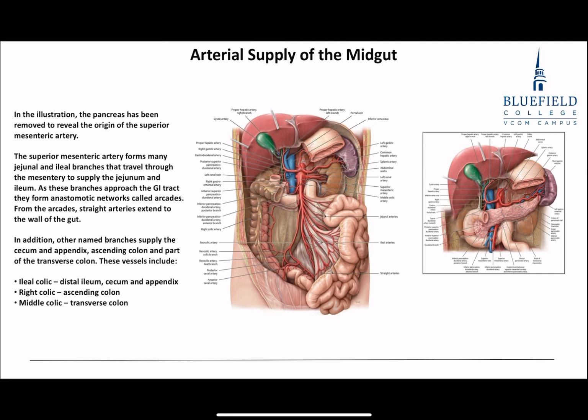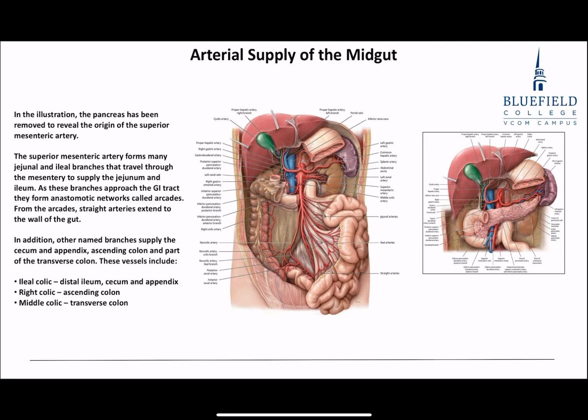What's this mesentery called? Transverse mesocolon. Good, okay, close. So here's the middle colic artery that's running through the transverse mesocolon, then it spreads out into left and right branches and supplies the transverse colon, okay?